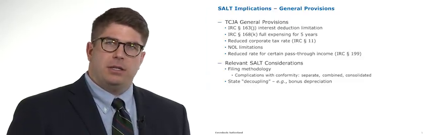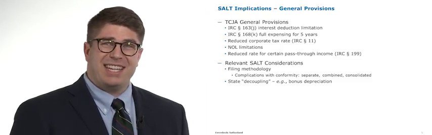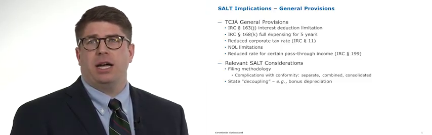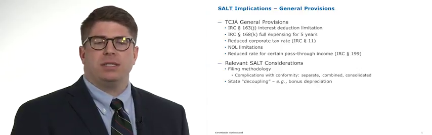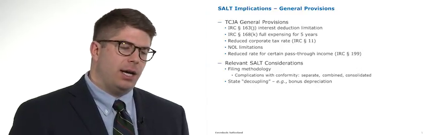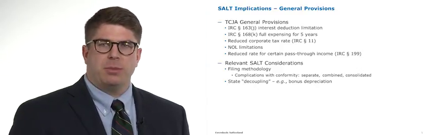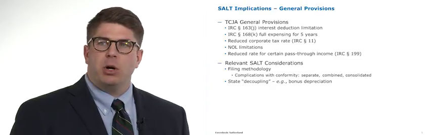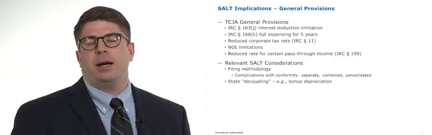And in addition to that, there's section 168(k), which is your full expensing for 5 years. State tax practitioners may be aware that 168(k) is your bonus depreciation, which states have historically decoupled from.